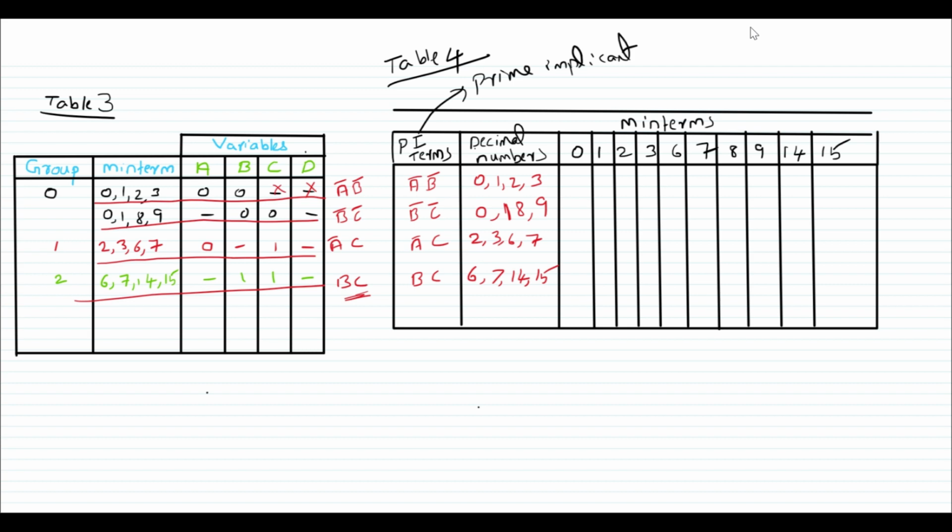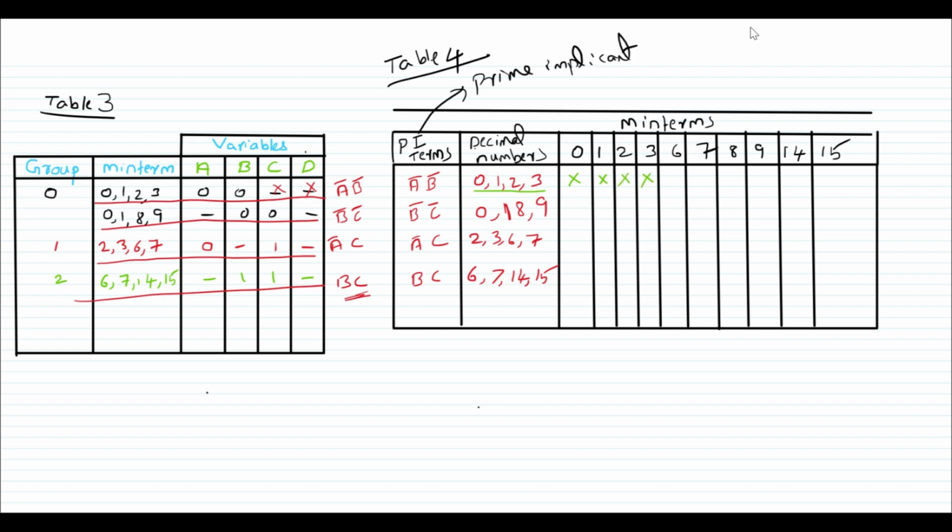Now we have to see where all these minterms are present. Here 0 is present, so put a cross. 1 is present for this decimal number or this minterm. 2 is there, 3 is there.